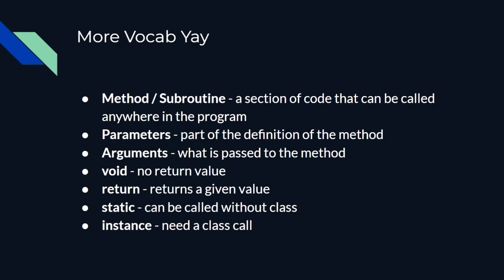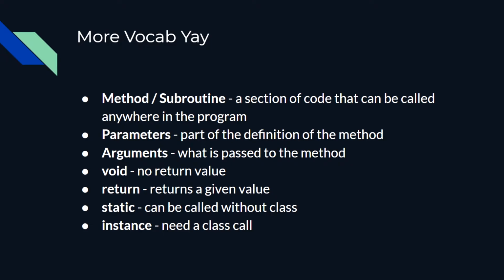And arguments are what is passed to the method, like in the add method and the get method, we were passing values between the parentheses to the method. A void method basically means there's no return value. Return means it's returning a value. So in your method, you're going to have return and a value.